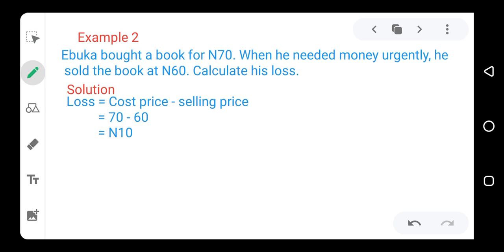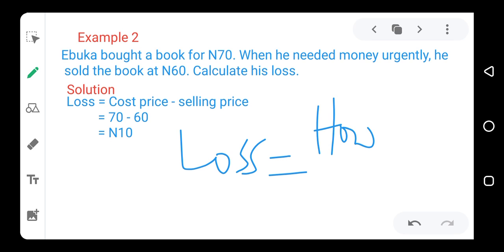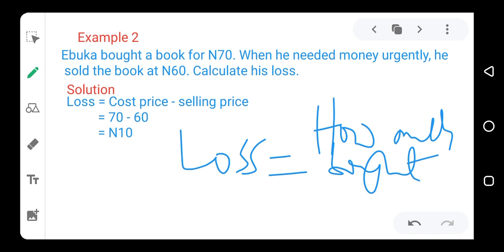Remember again, loss is equal to how much you bought it minus how much you sold it. That will give you the loss.